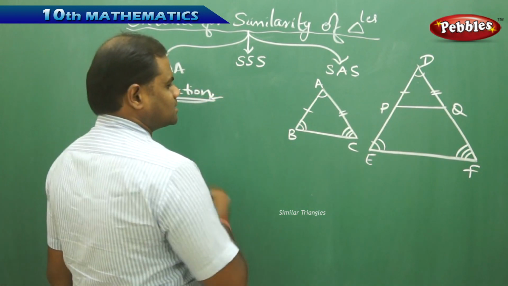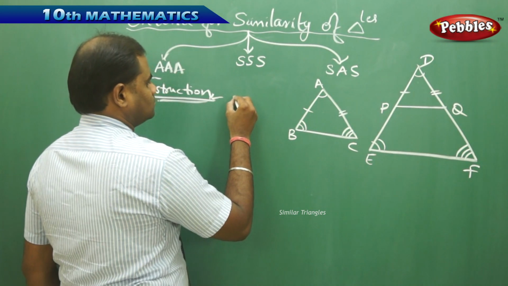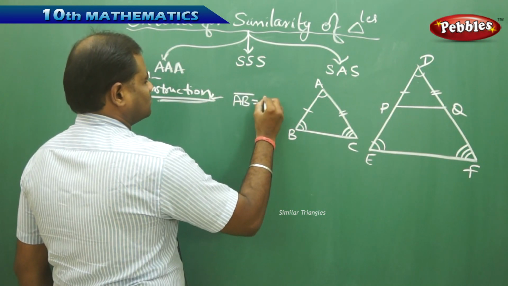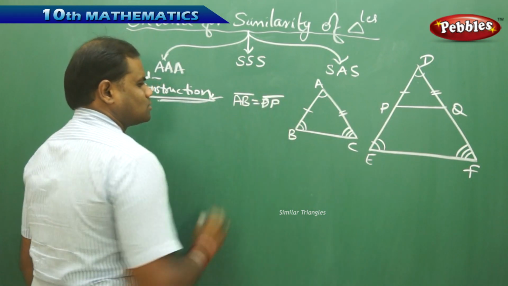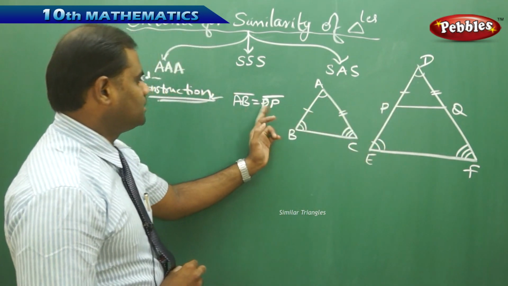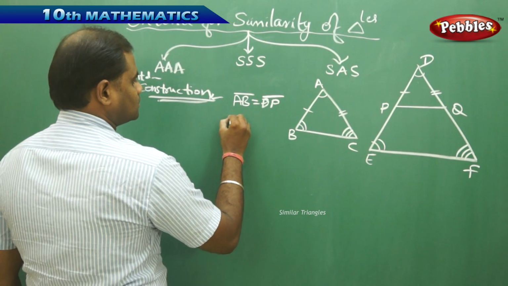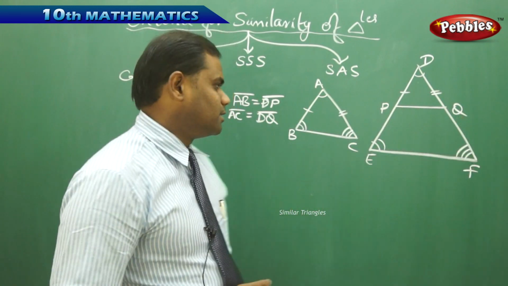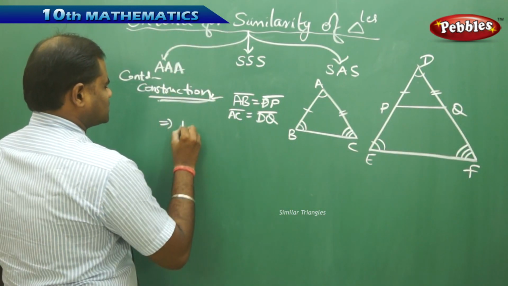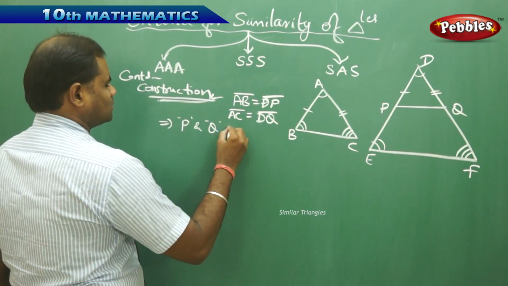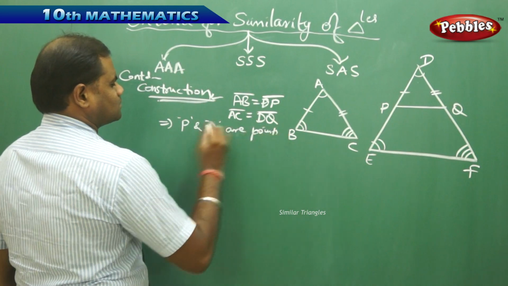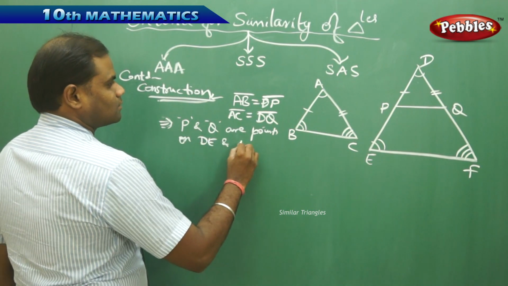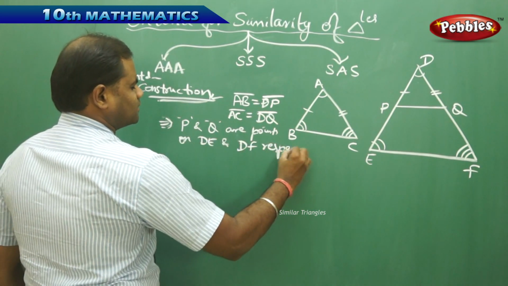The construction here is: mark a point on DE such that AB equals DP and AC equals DQ, so that I get two points P and Q. This implies P and Q are points on DE and DF respectively.